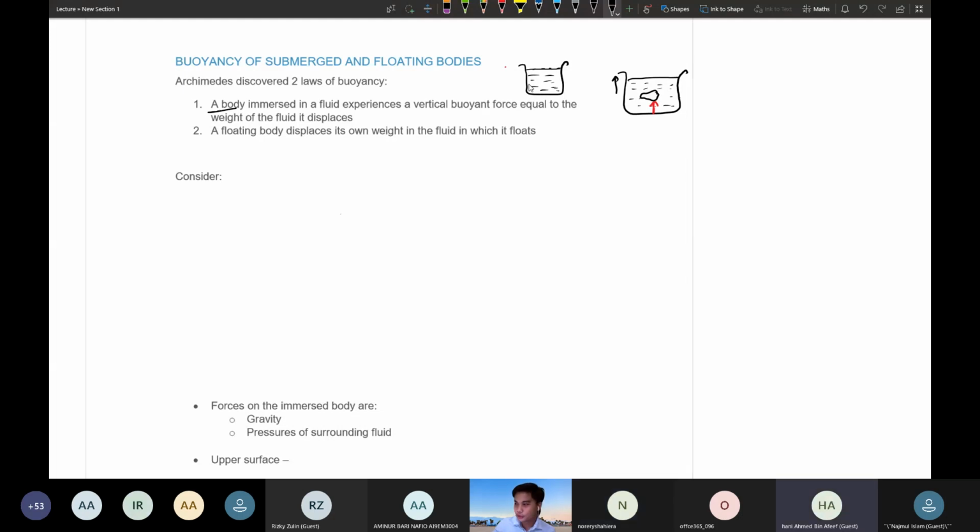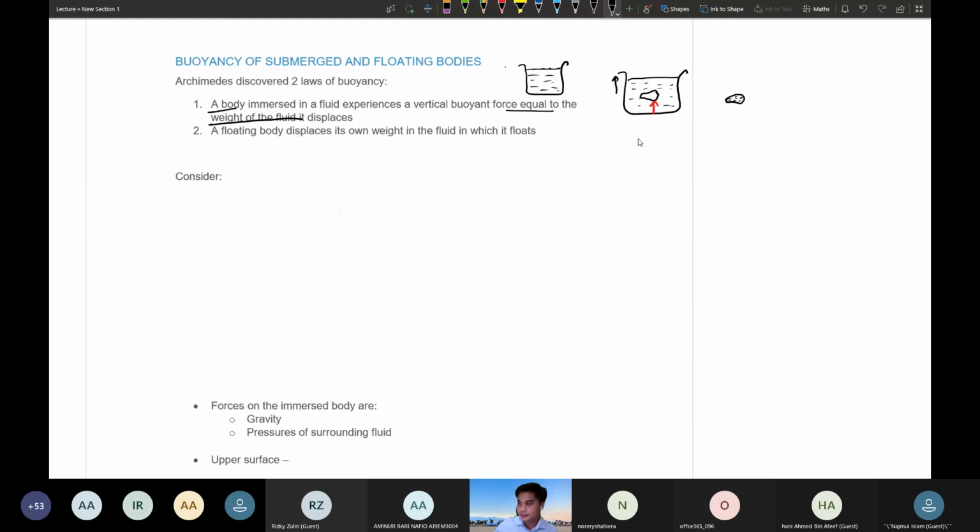Correct. Because you put a body immersed in the fluid, you put in additional volume. So that means you remove this portion and replace it with the other fluid. That is why the vertical buoyant force is equal to the weight of the fluid it displaces. So what does it displace? It displaces here, the same shape, but this is fluid.